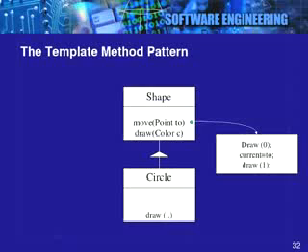Now this move method has been implemented in the superclass, but the draw method has to be implemented by the actual shapes. So we have an implementation of move which is in terms of abstract methods which are not implemented in the shape. Now the method move is called template method, whereas method draw is called hook method in this pattern.